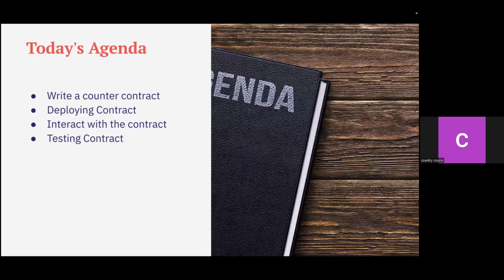Today's agenda: we are going to write a very basic smart contract, like a counter contract with basic functionalities such as incrementing the value, decrementing, and then resetting the value in the contract to zero and starting over. Of course, we have to have a function that gets the balance.